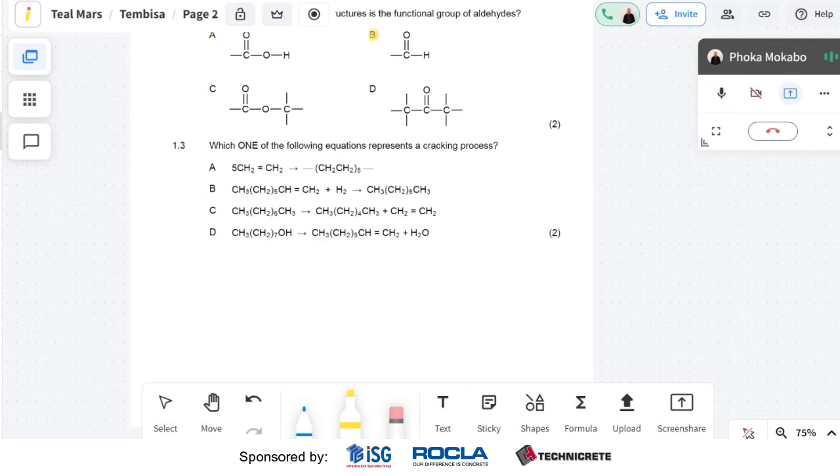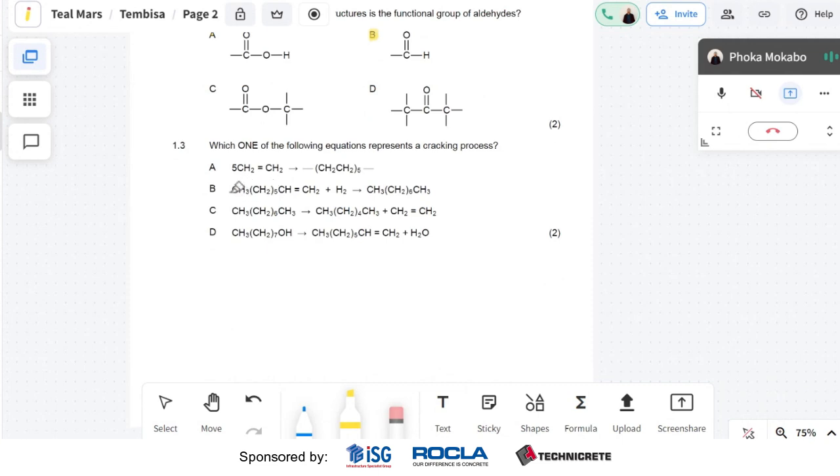So if you started off with 40 carbons, your two smaller constituents would both have to add up in terms of the number of carbons to what you had started off with. And likewise with the hydrogen, right?